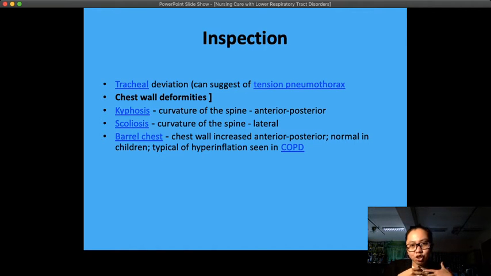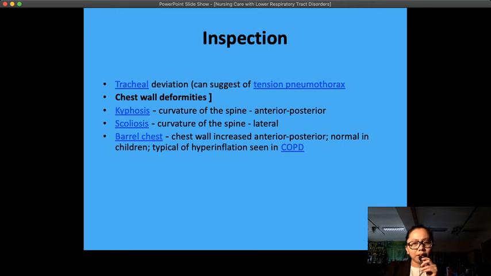Okay, so barrel chest. You can see that in Google, or in Cogier, or in your Brunner and Suddarth. So you really have to read what a barrel chest is, and if there is a chance for us to see a barrel chest in the ward in person, that would be better, because whether we like it or not, our job is to assess: inspect, palpate, percuss.